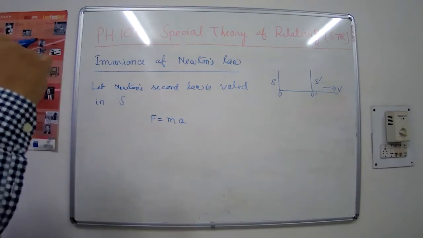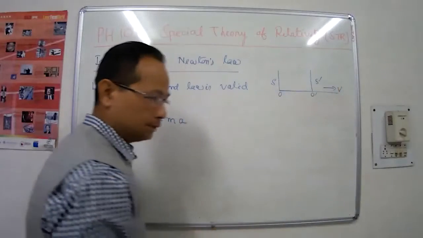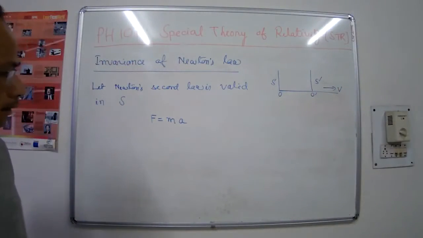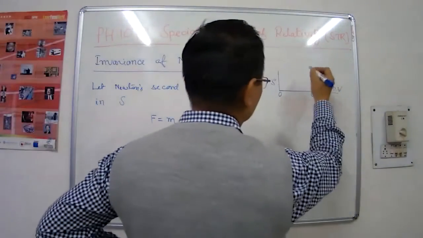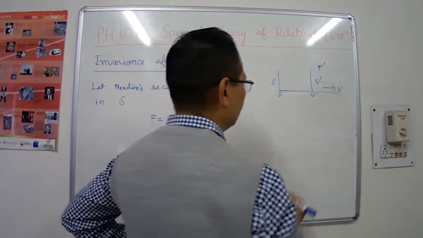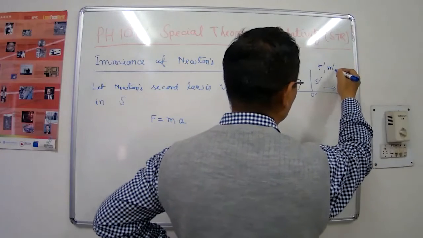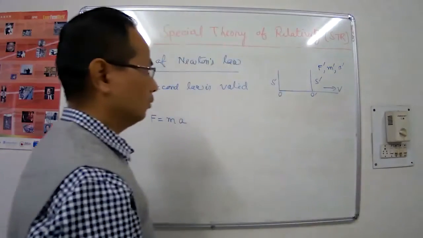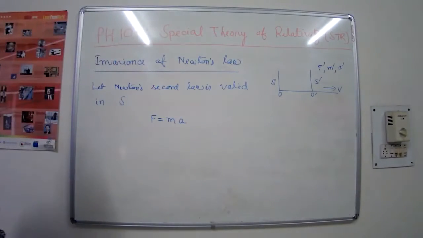Now the question is, now we know the transformation equations. Using the transformation equations, can we show that if I make a measurement F prime in the frame S prime of the same body, whose mass comes out to be m prime and which is found to be accelerating with a prime, whether I can write F prime equal to m prime into a prime?